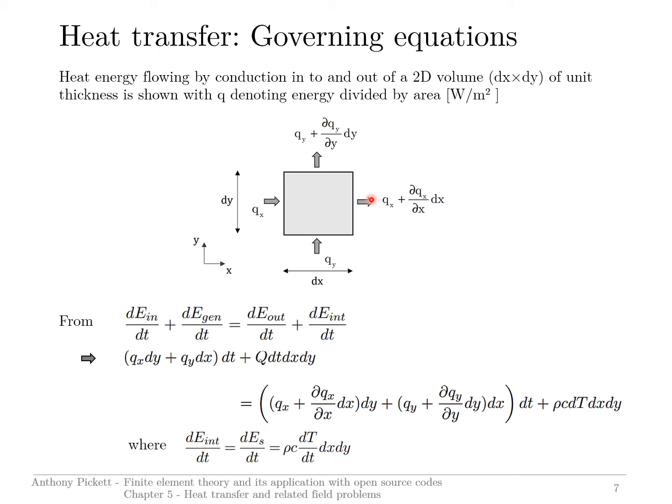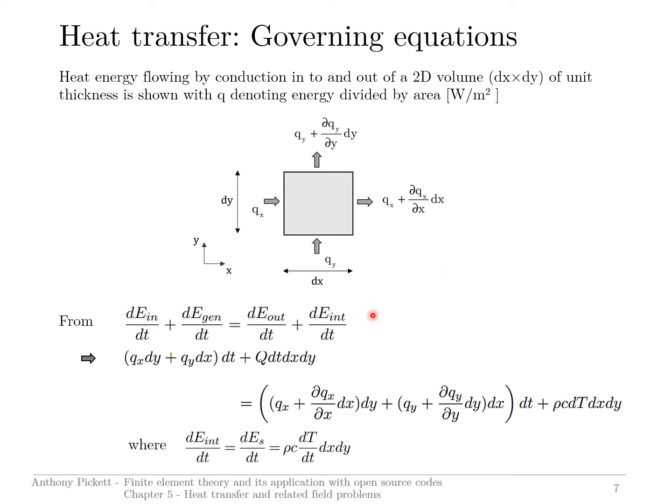These q values denote energy divided by the area, or divided by the length in this case. And these terms are, of course, the gradients expressing the change of these values over their length dx and dy.